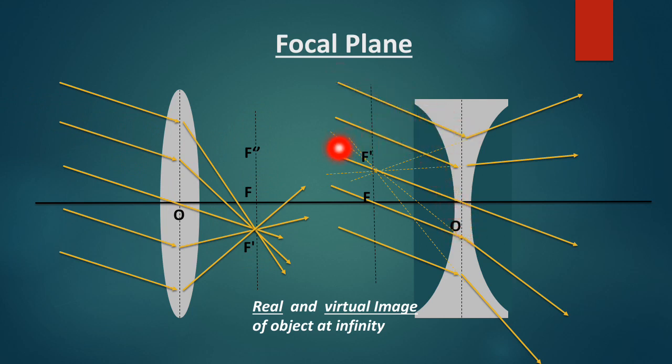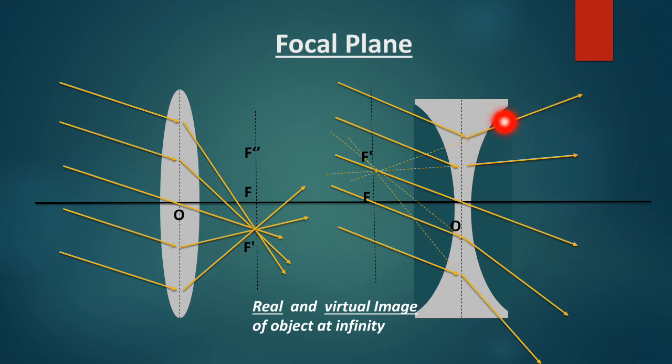Now in the case of a concave lens, it has a diverging nature, so for the parallel rays incident, this ray passing through the optical center remains undeviated, but the other parallel rays diverge. So they will not meet anywhere. But if we see from this side, these rays are coming.